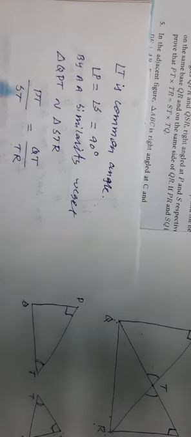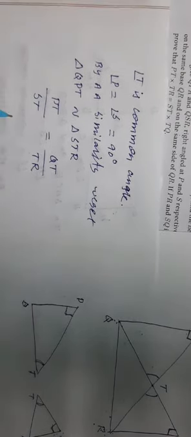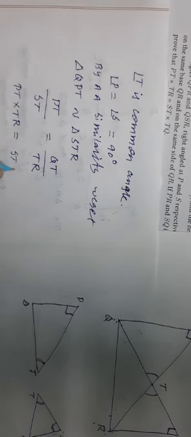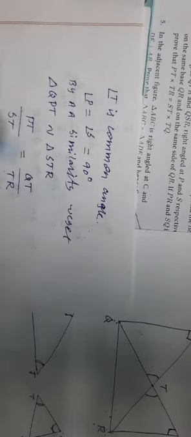Okay, so I can take these two alone. Next we can cross multiply: PT into TR is equal to ST into TQ.